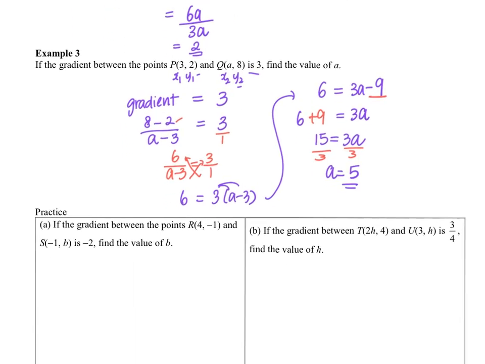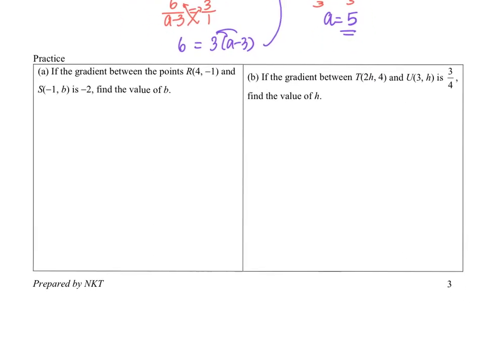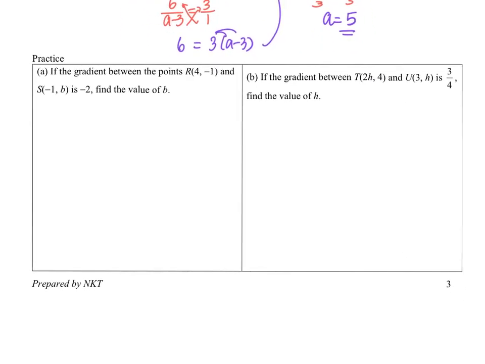Okay, last part of the practice for today, and I'll leave you to do the rest of the questions required. I'm going to do one more example for you. Now in part A, if the gradient between these 2 points, I give it to be x1, y1, x2, y2, is the number negative 2. So they tell me that gradient is negative 2.